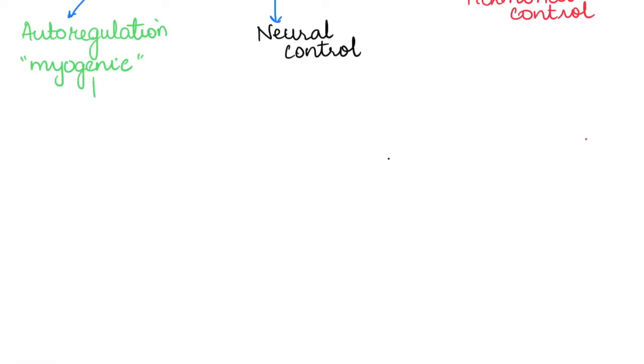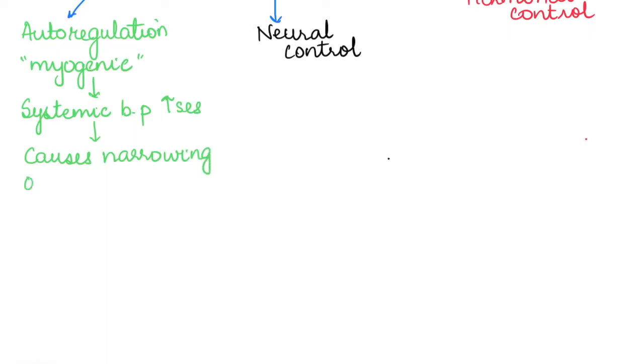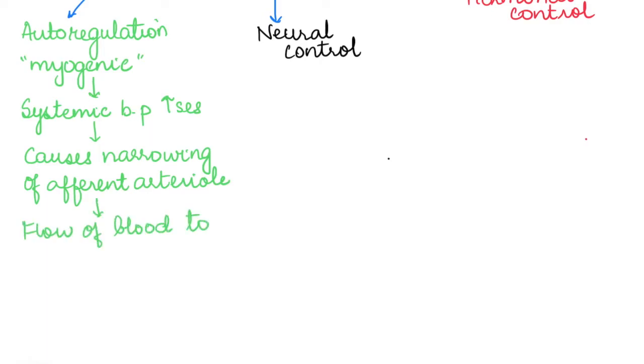Now autoregulation is also said to be myogenic regulation. Myogenic regulation happens when there are changes happening in the body. When the blood pressure increases, it causes narrowing of the efferent arteriole. Efferent arteriole carries blood to the glomerulus, so the flow of blood to the glomerulus decreases.